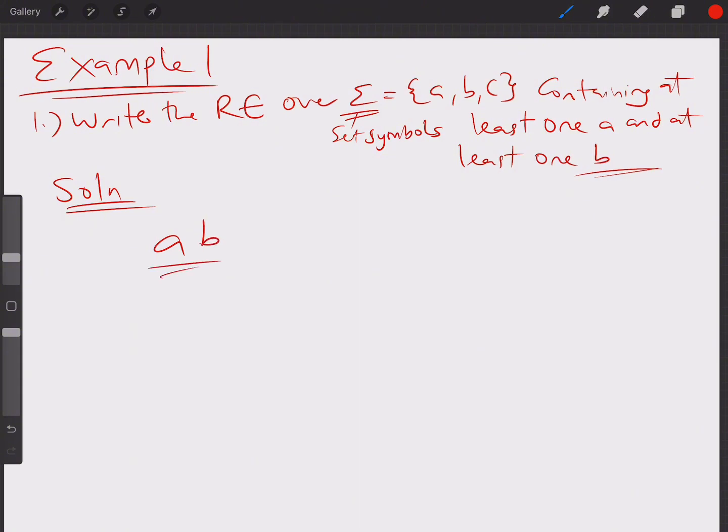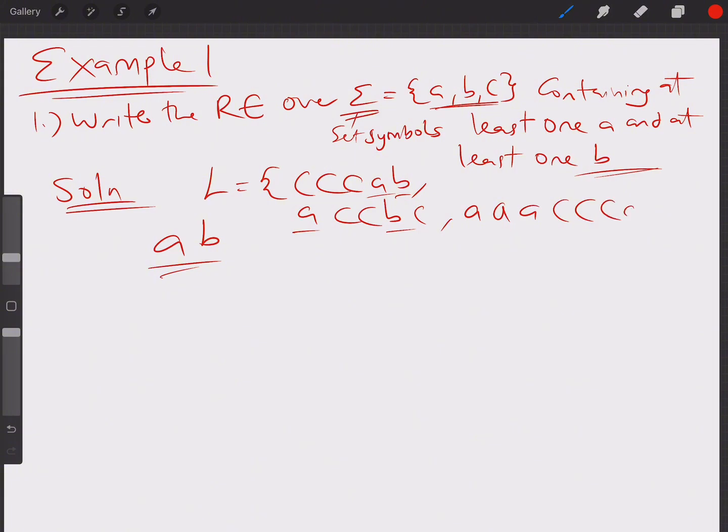But that will be erroneous. It's just going to be wrong. Why? Because there are three symbols in the alphabet A, B, C. What happens when we have a string CCCAB or ACCBC? There is at least one A, one B here. That means I can also have ACCCACBBB.